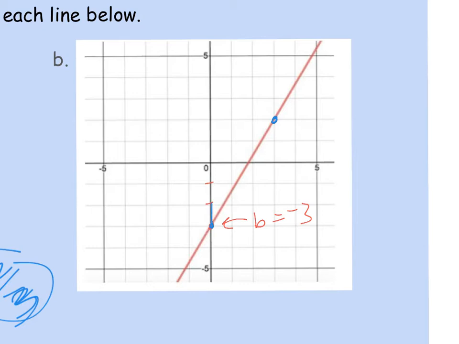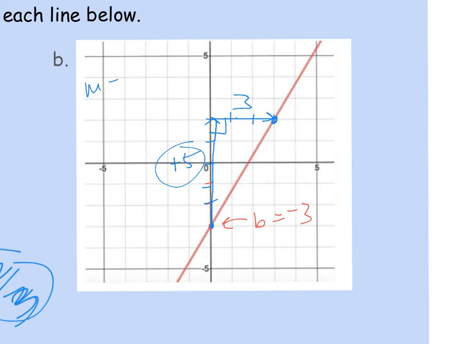So I'm going to go up in this direction and then to the right to create that little right triangle for my slope. So I'm going up 1, 2, 3, 4, 5. So that's positive 5 for my rise. And then it looks like 1, 2, 3, plus 3 for my run.